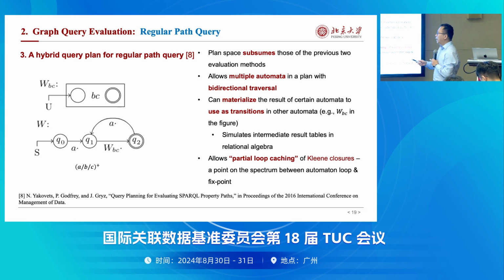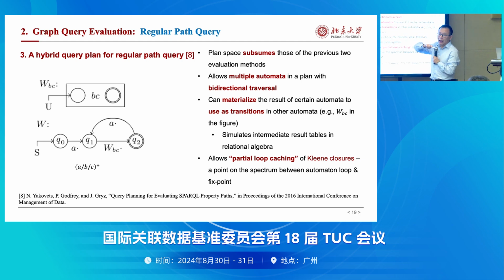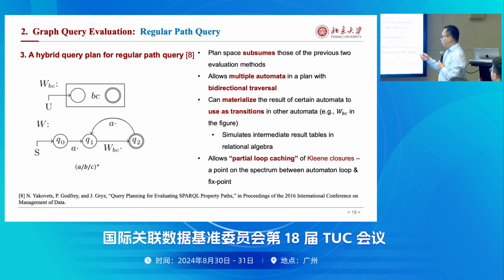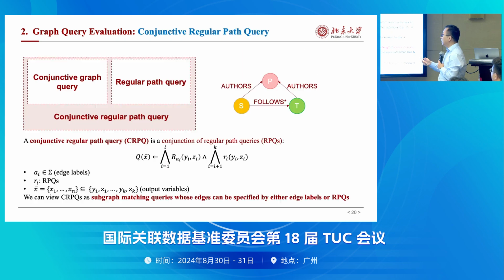In this method, it allows multiple automata for the subqueries, and we materialize some of the intermediate results generated by the automata, and use relational algebra to support the hybrid query evaluation. This is the hybrid query plan for the RPQ query.